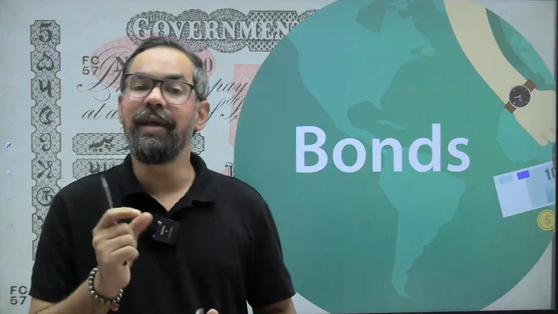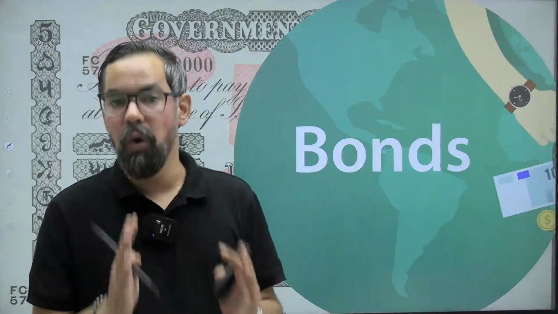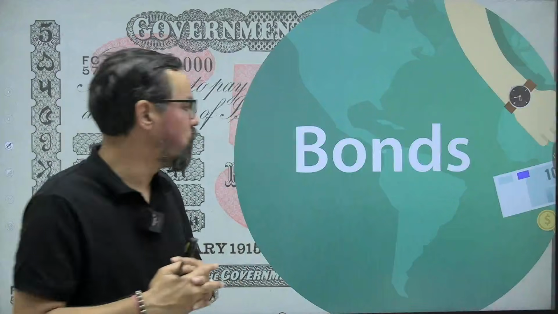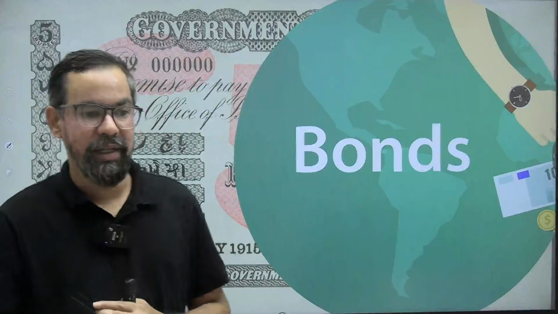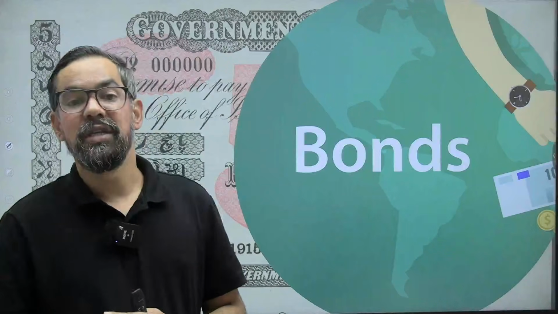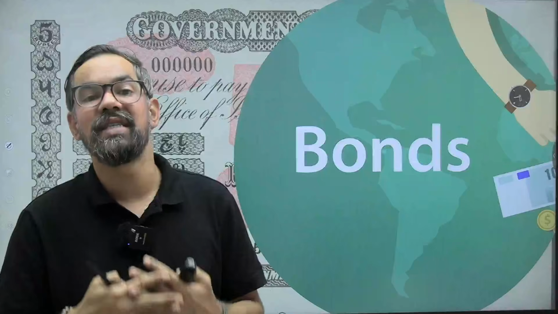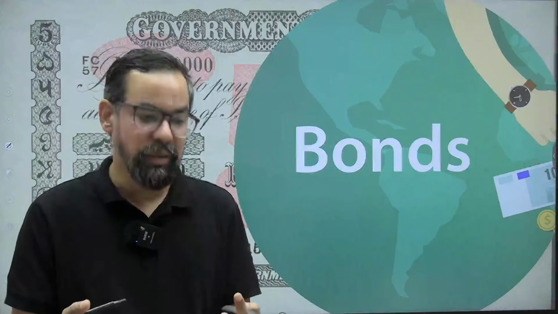When it comes to debt, one of the most important and famous tools under debt securities is bonds. Bonds are financial instruments which generally offer a fixed rate of return in most cases.